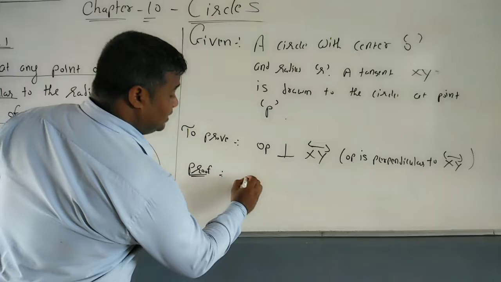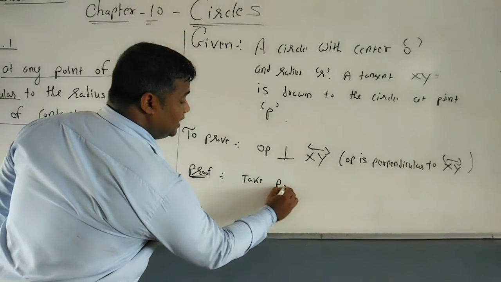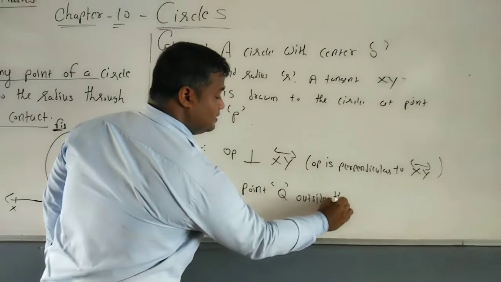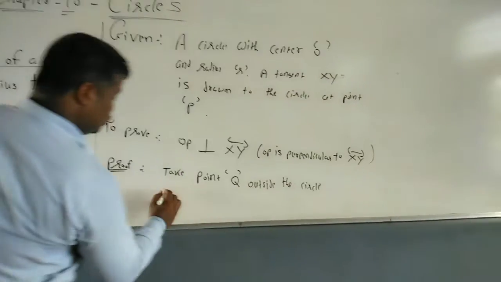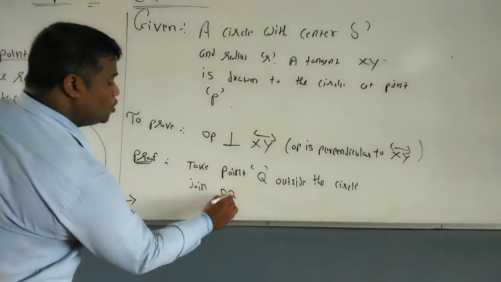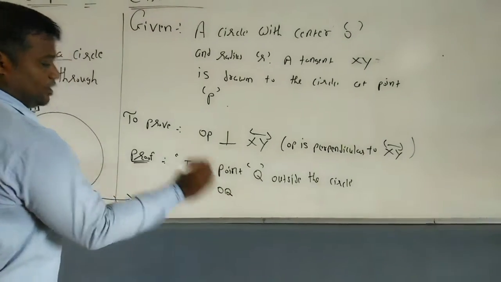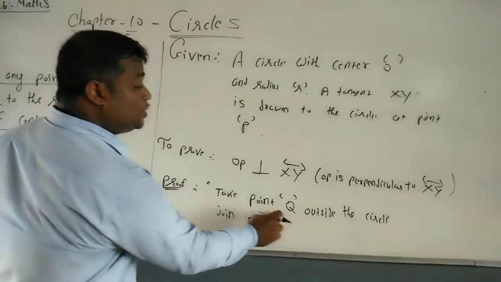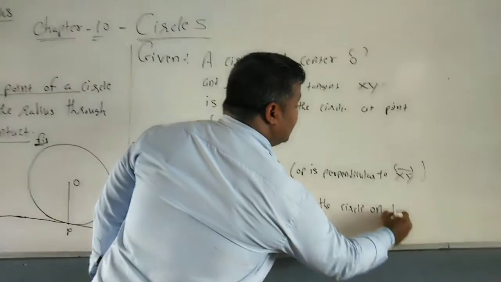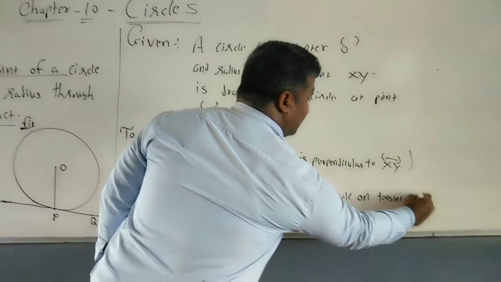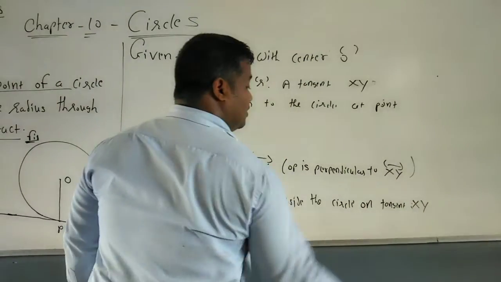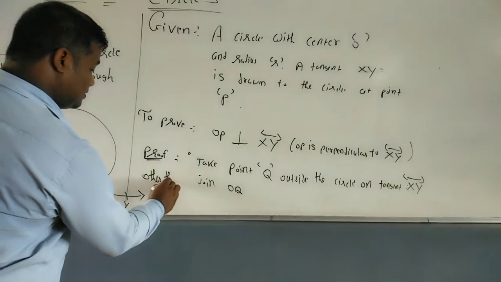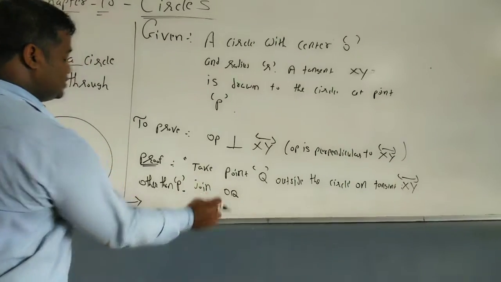Now I take a point Q outside the circle, on the tangent XY, other than P, and join OQ. You can write this as the construction.